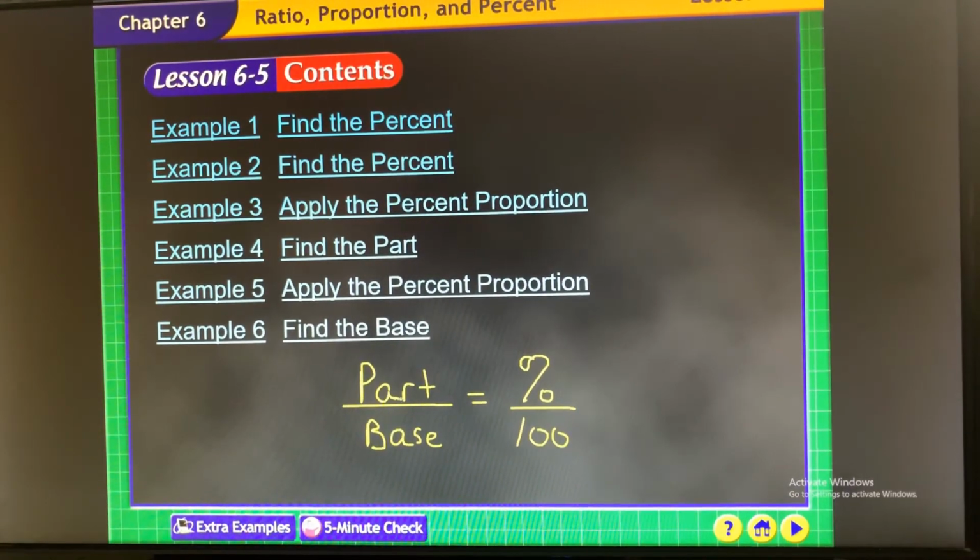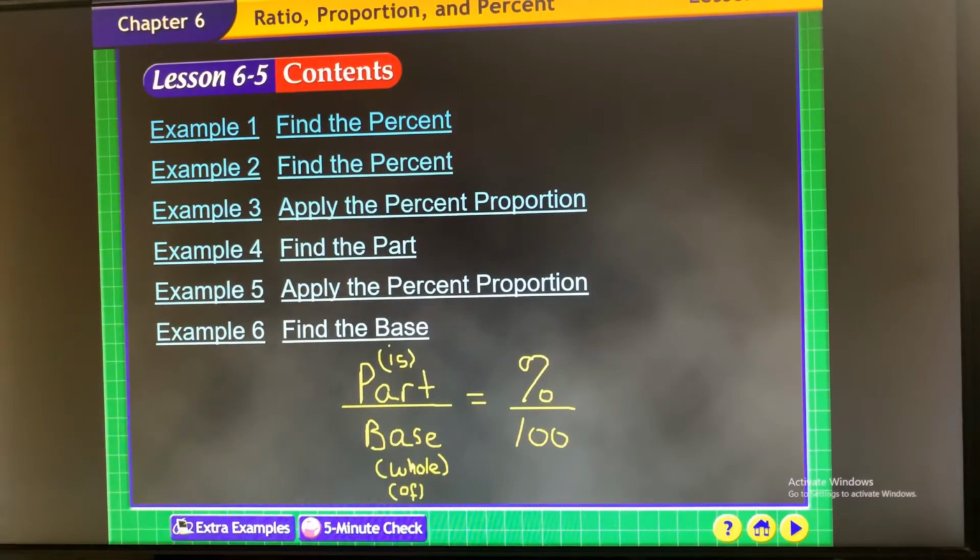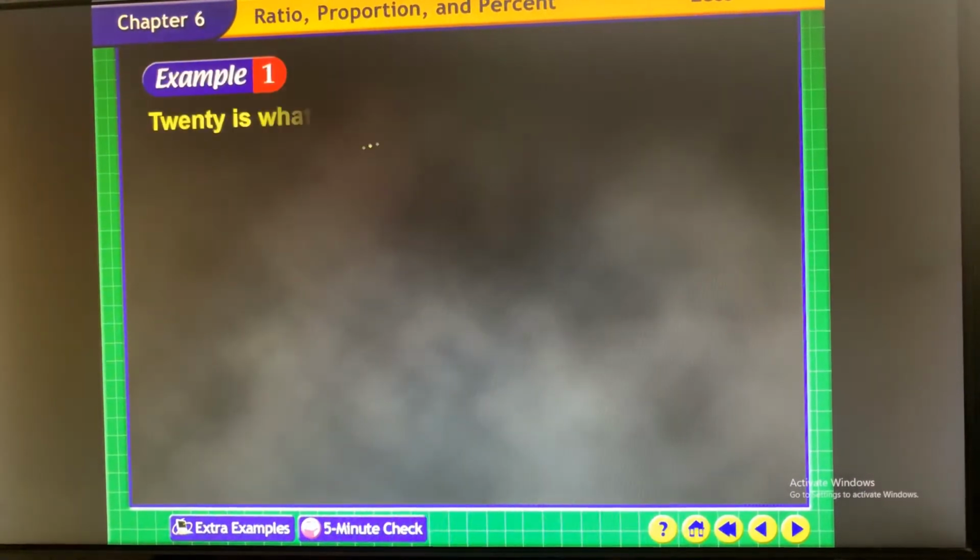Your part is self-explanatory. Your base, I want you to understand, is like your whole, so that's your total. Part, we generally see connected to the word "is," and base, we generally see connected to the word "of." Those are some key things I want you to pay attention to when we're doing these.